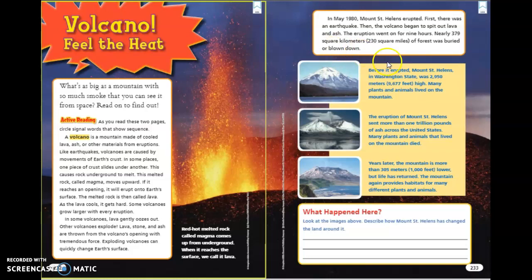Let's look at the pictures over on the right-hand side. Before it erupted, Mount St. Helens in Washington was 2,950 meters, or 9,677 feet high. Many plants and animals lived on the mountain, so here it is. The eruption of Mount St. Helens sent more than 1 trillion pounds of ash across the United States.